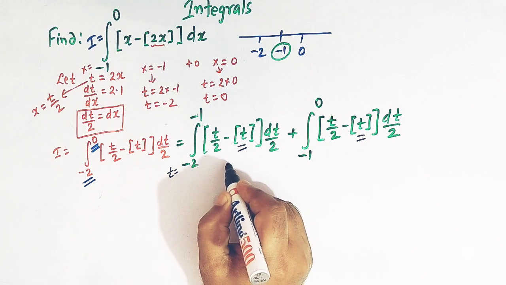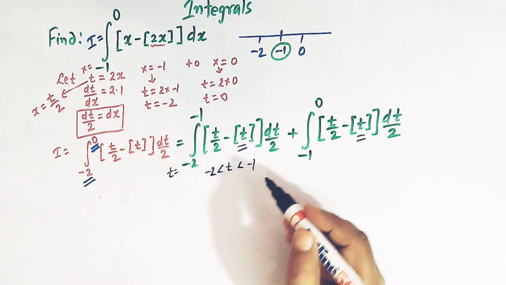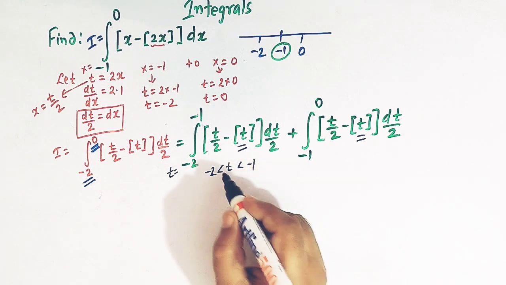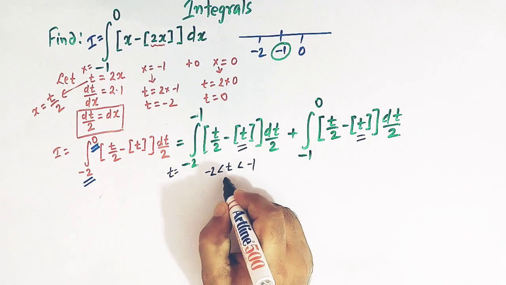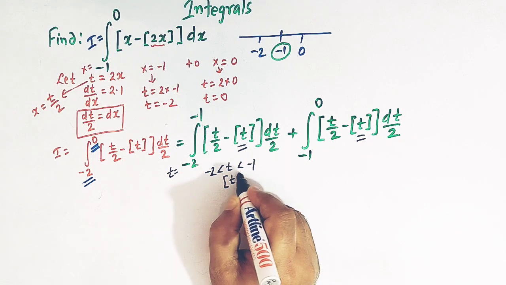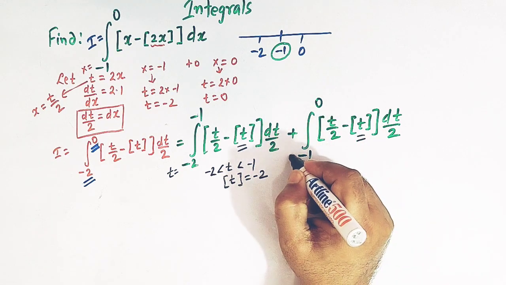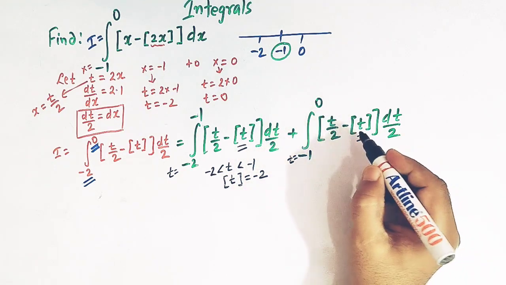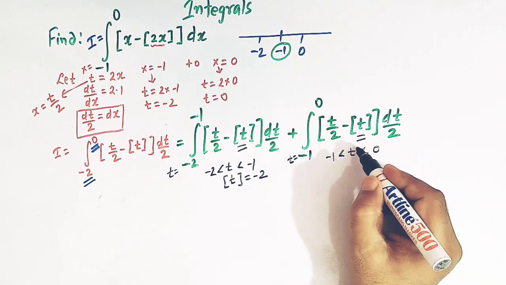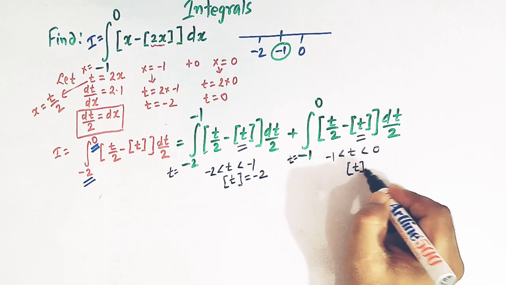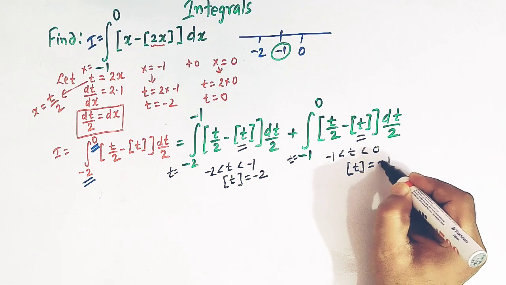So in the first integral, t varies from -2 to -1, and from the definition of greatest integer function, we know that when t lies between -2 and -1, then the greatest integer of t is -2, right? And similarly, in the second integral, the value of t goes from -1 to 0. So t lies between -1 and 0. So the greatest integer of t when t lies between -1 and 0 should be equal to -1, right?